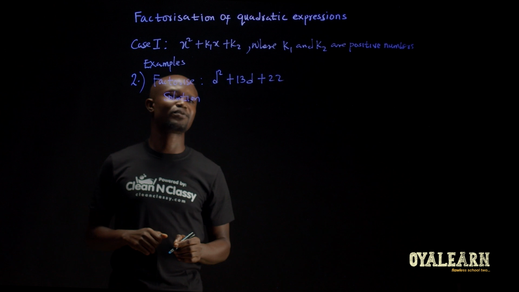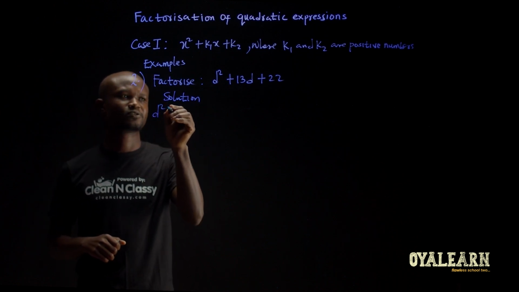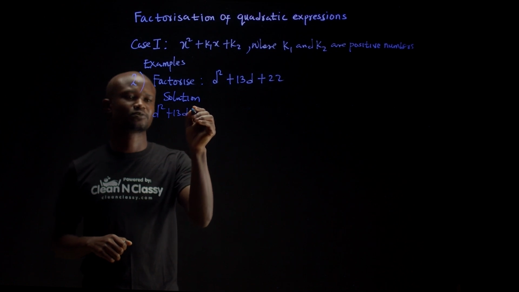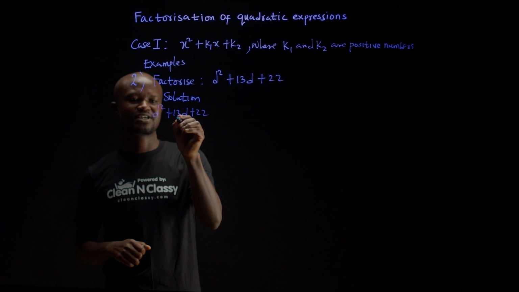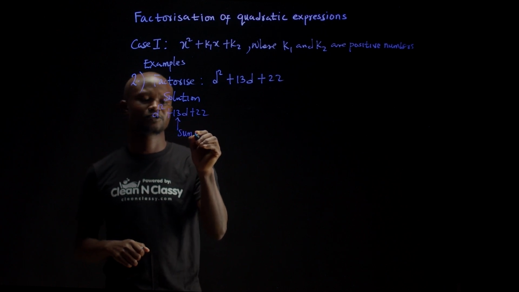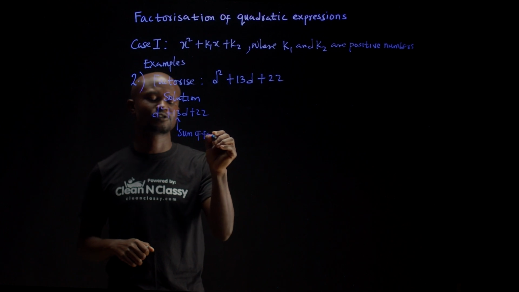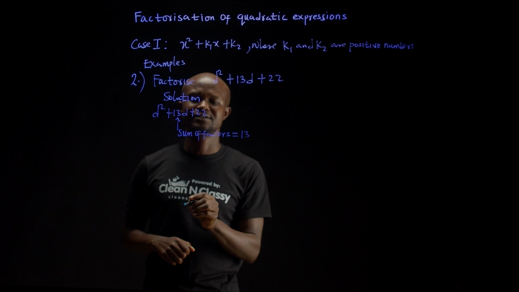We have d squared plus 13d plus 22. The sum of factors is the middle term. That is 13.